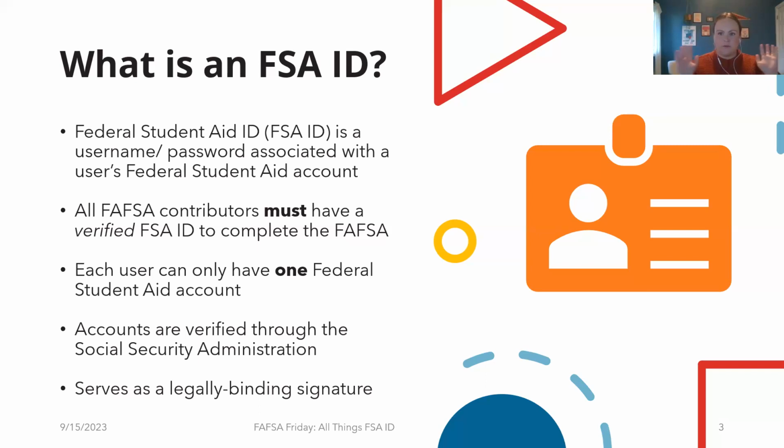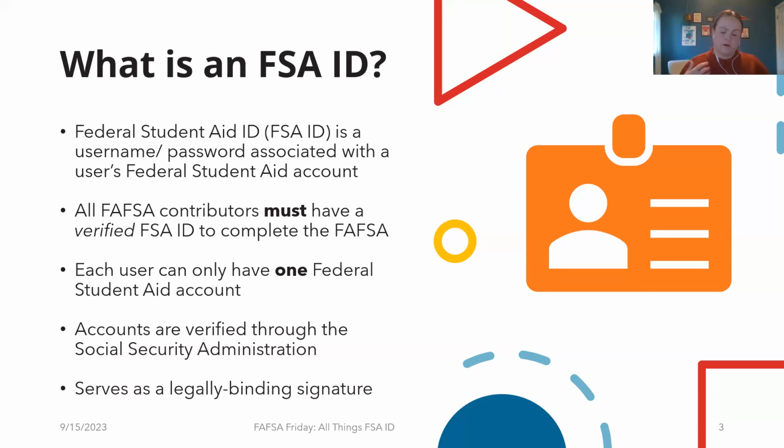Each user, so anyone who is accessing this Federal Student Aid website, can only have one account. That means if you are working with students or perhaps parents, contributors who have used the website before, who have filled out a FAFSA for perhaps an older child, maybe they have gone through the FAFSA process themselves, they will need to use the same information to support their students' FAFSA.